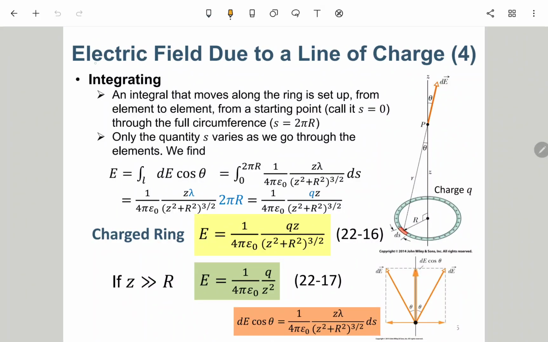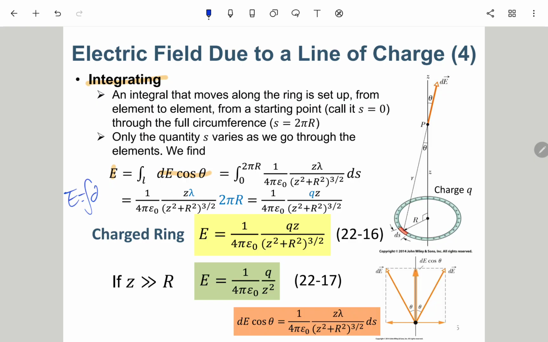The final step is integrating the small amount of dE. E will be the integration of dE.